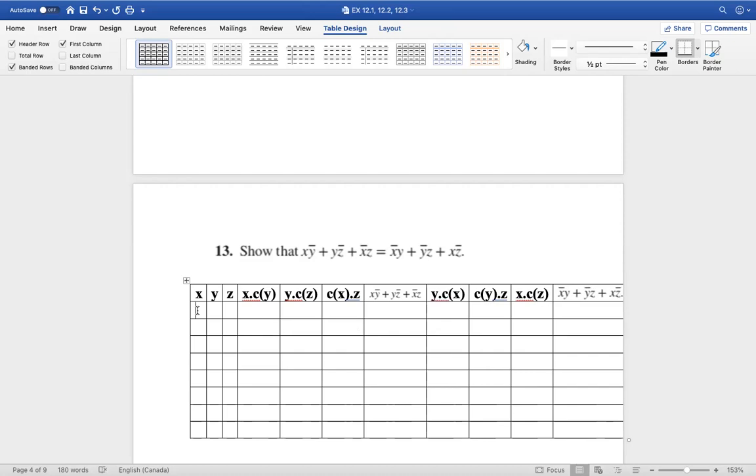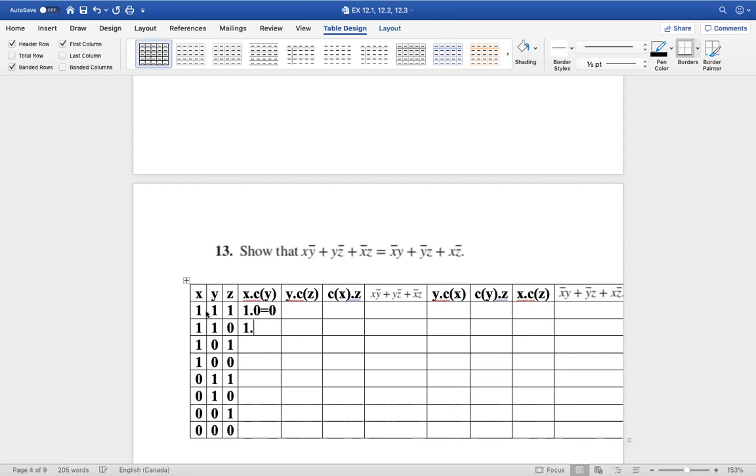Okay, sounds good. All right, so here we have 1 1 1 1 0 0 0 0, just filling out a typical truth table. 1 1 0 0. So we have 1 0 1 0 1 0 1 0. Okay. All right, so x dot y complement. So 1 dot 0 equals to 0.